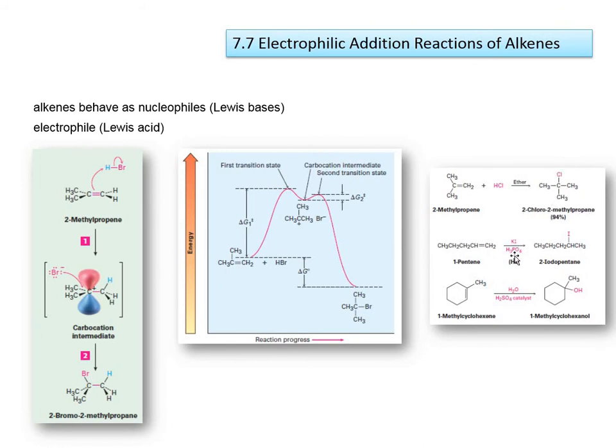Also iodine can be added, but hydrogen iodide is not very reactive, so we use potassium iodide and phosphoric acid to add 1 part hydrogen and 1 part iodine. And in a similar reaction, instead of HCl or HBr or HI, we can add water. You can think of water as H-OH. Instead of Cl we have OH, so we add 1 part hydrogen, 1 part OH.